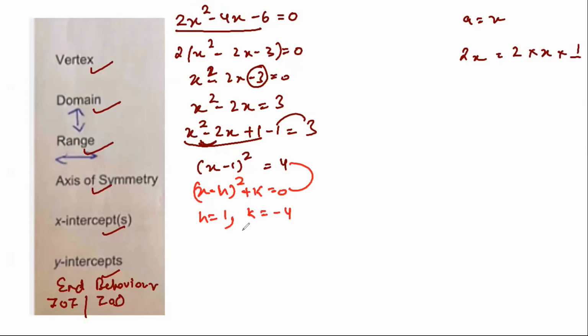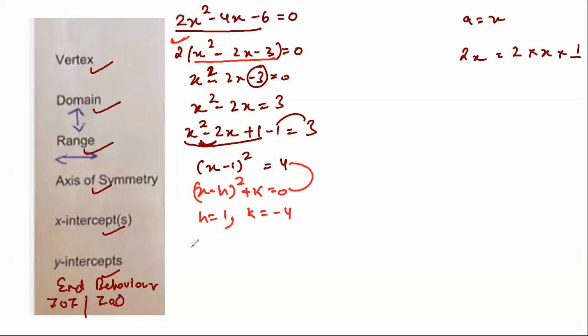Now, what is important here? When I complete all this, because I solved this part and I have 2 here, I will multiply this 2 to this side also, to the main part also. Now this is the vertex form.